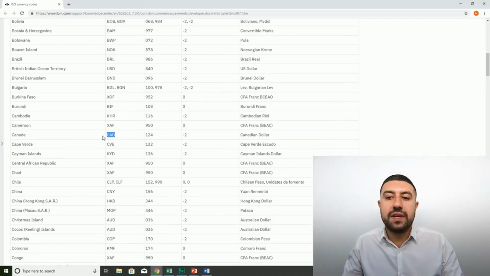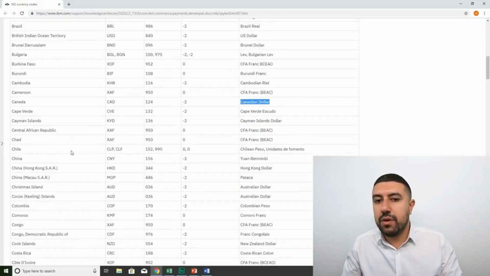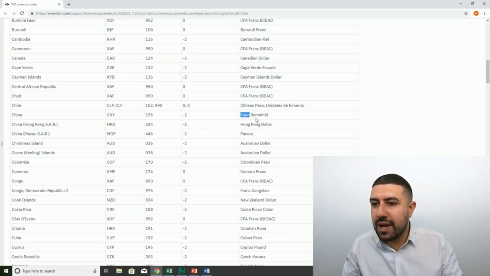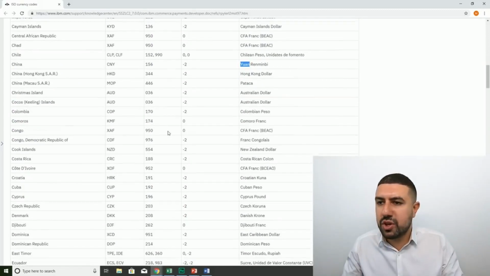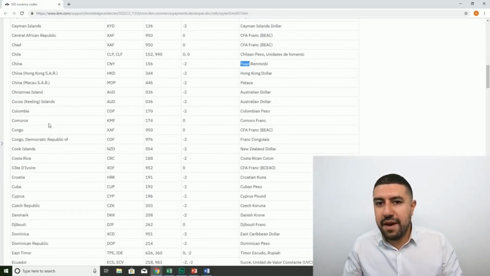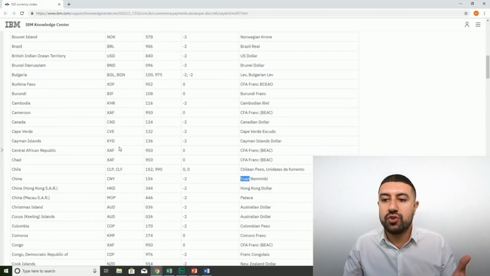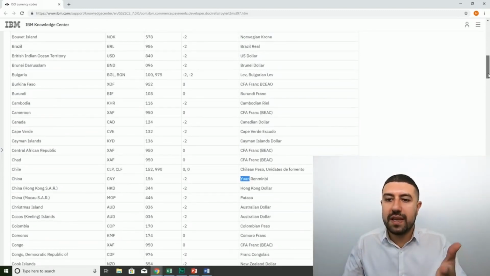For Canada, the code is CAD, and it tells you here Canadian dollar. If you want to go to China, CNY, yuan, renminbi, those just call it yuan. So you have it for each country. If you don't know what the code is for the country you want to trade, just go on this list and you'll find it.